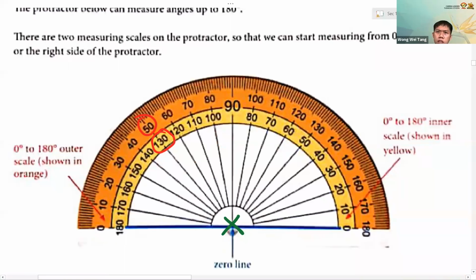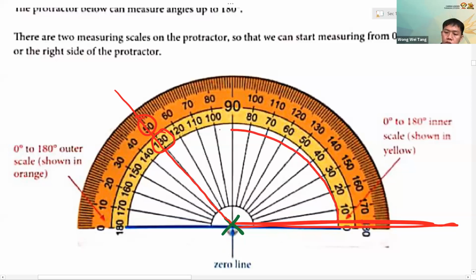Is it 50 or 130? It depends on where you are starting from. In the second question, the horizontal line is over here. We read from 0, this is our 0, to 10, 20, 30, 40, 50, all the way to 130. You don't read backwards from 180 and get smaller. No.